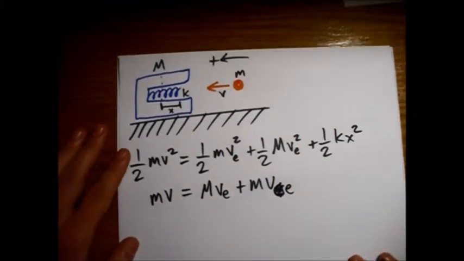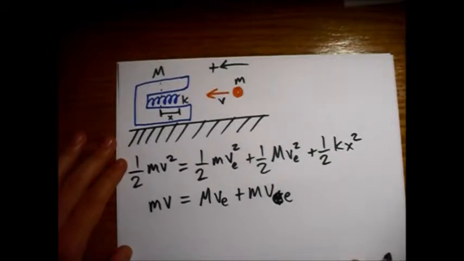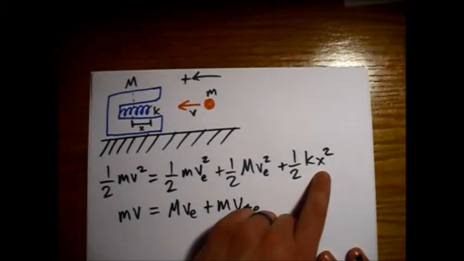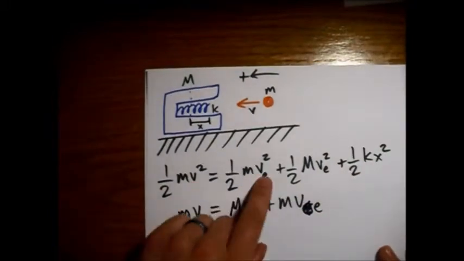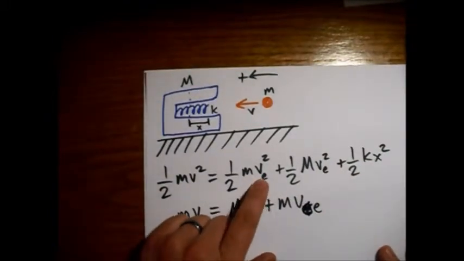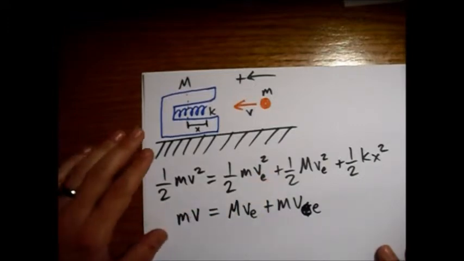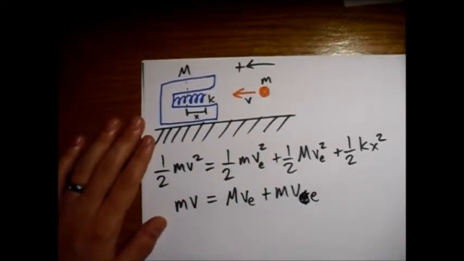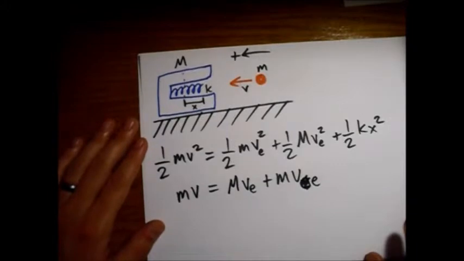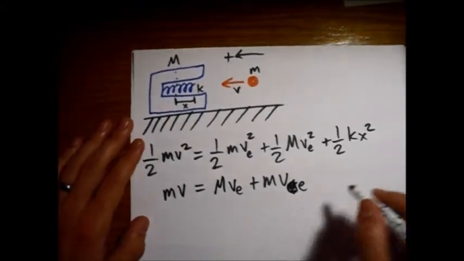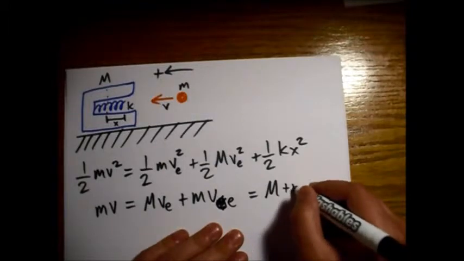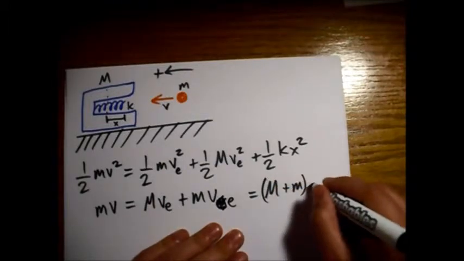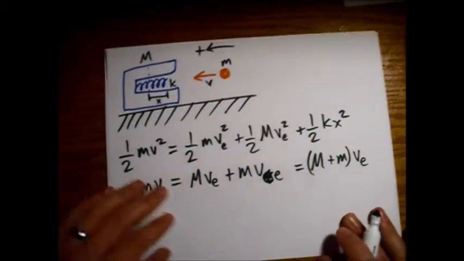So the one way we need to get rid of, we want to solve for x. We're given k and we're given this v. We want to get rid of this V sub E that we introduced into the problem. So go ahead and write this as big M plus little m times V sub E.